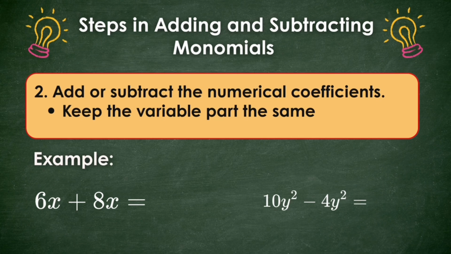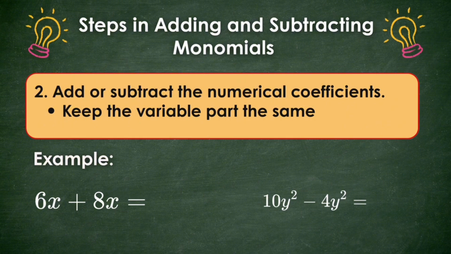Once you've confirmed that the monomials are like terms, here's what you do. Add or subtract the numerical coefficients. Keep the variable and the exponent exactly the same. Let's see this in action. 6x plus 8x.